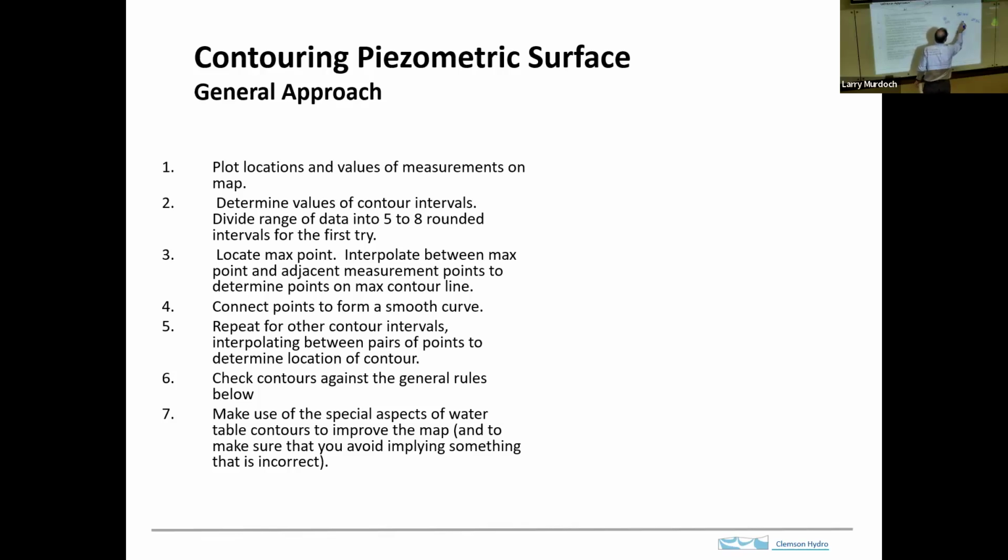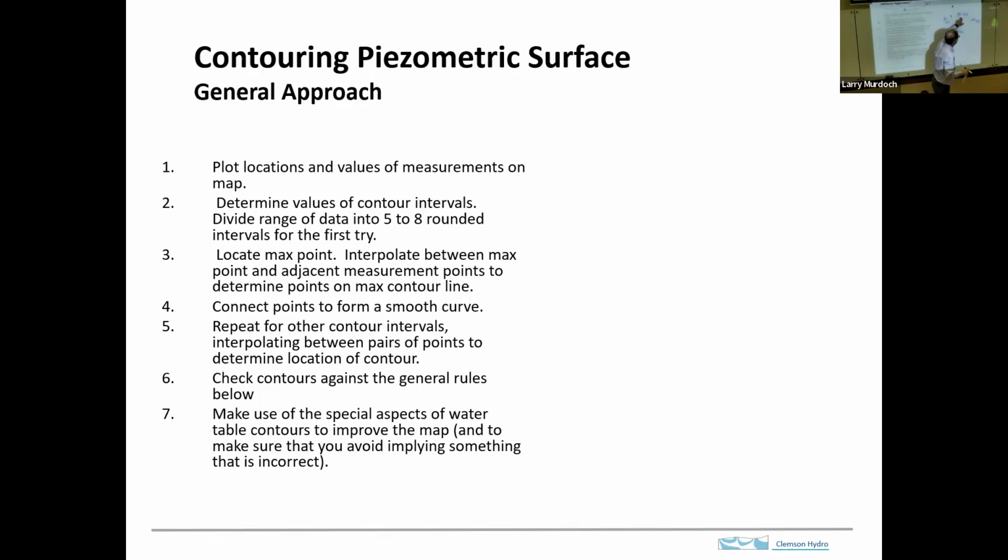So here's 60 and here's 80. We're drawing the 80 contour, so it's going to be halfway, so it's going to be there. We'll also have 60 and 40. So there's 80, 60, 40, roughly evenly spaced.